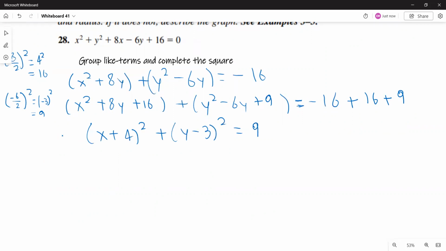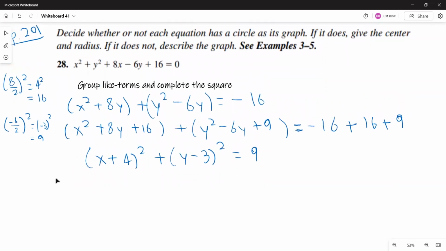And the center. The problem says decide whether or not each equation has a circle as its graph, and it does.